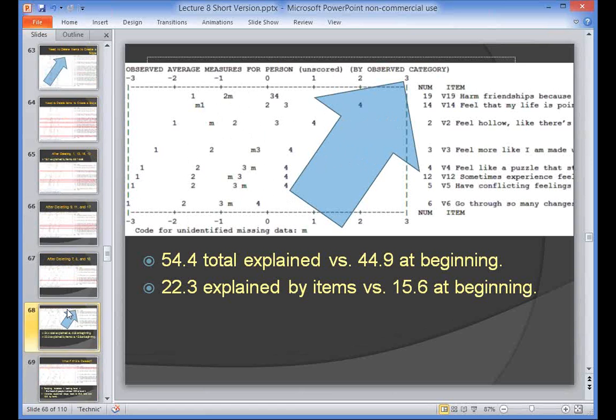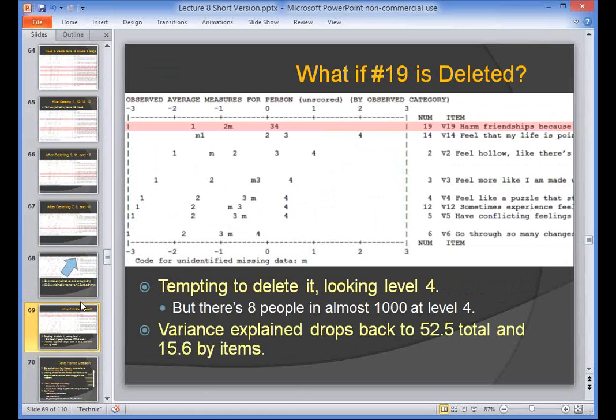Okay? And I'm also tempted to delete item 19 because you'll notice that the 3 and the 4 are so close together.